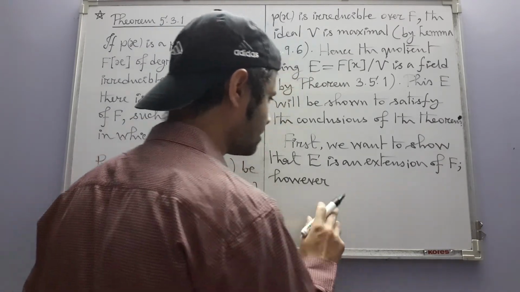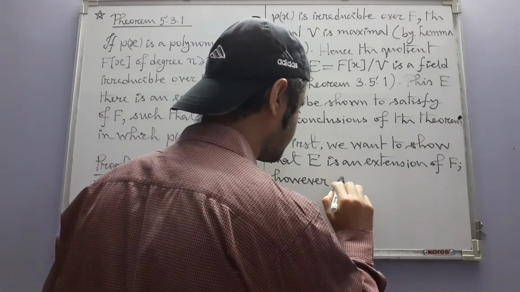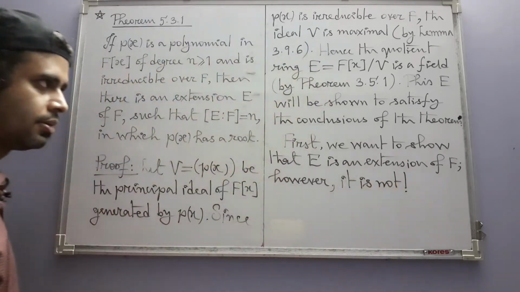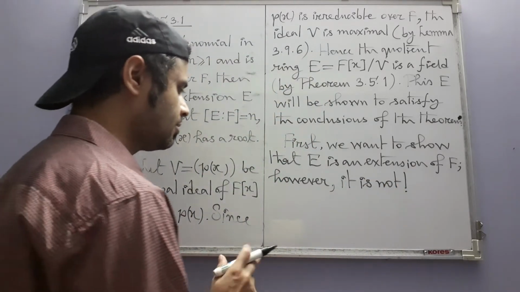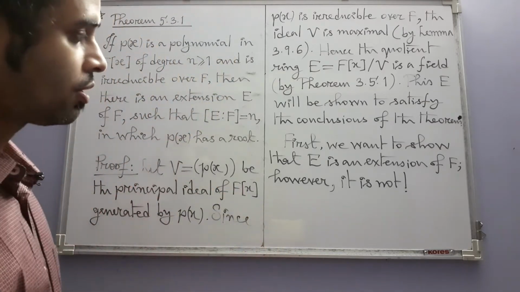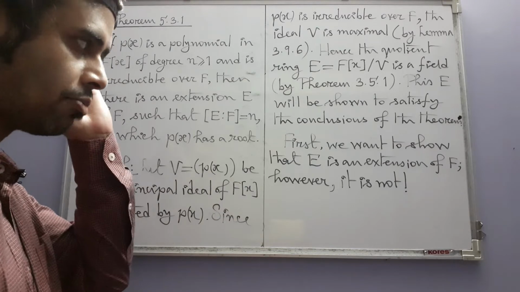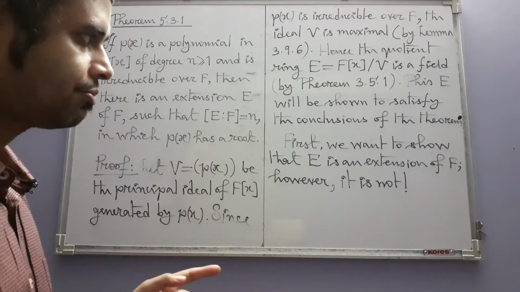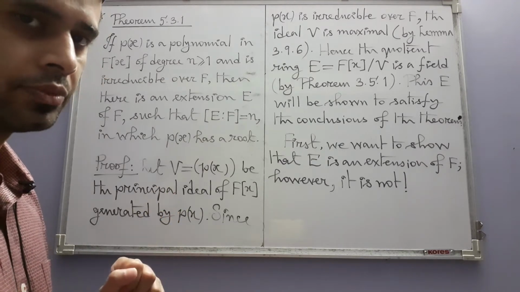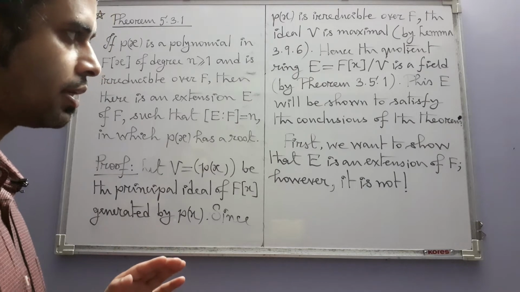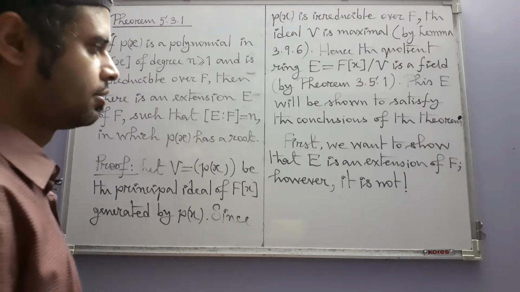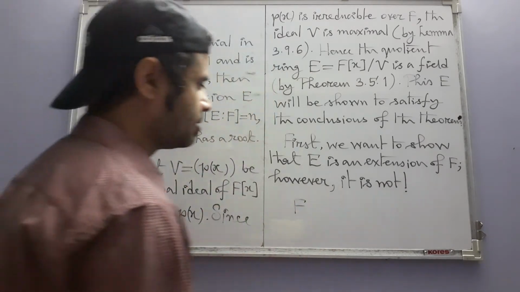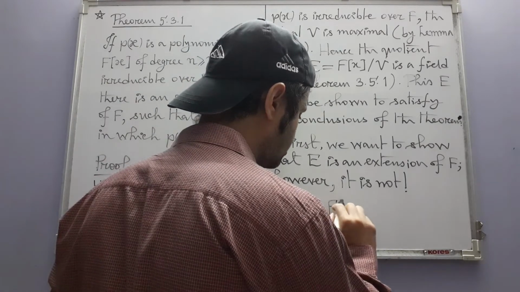In the literal sense, it is not. Let's see why that is the case. For E to be an extension of F, what does it actually mean? It just means that F is a subfield of E. And for that to happen, first of all, F should be a subset of E. But that is not the case. F is some field and E is what? E looks like this.